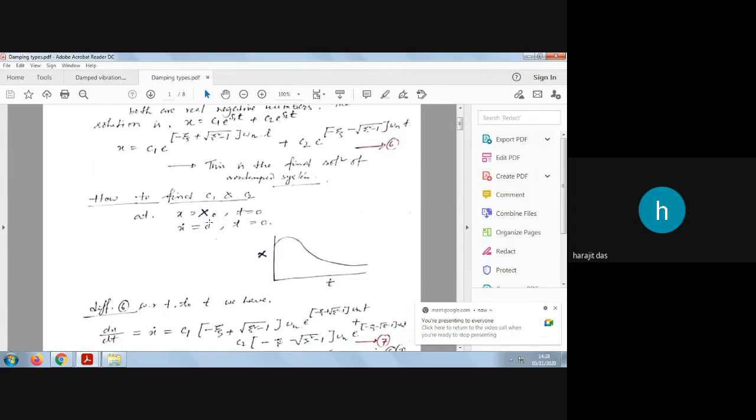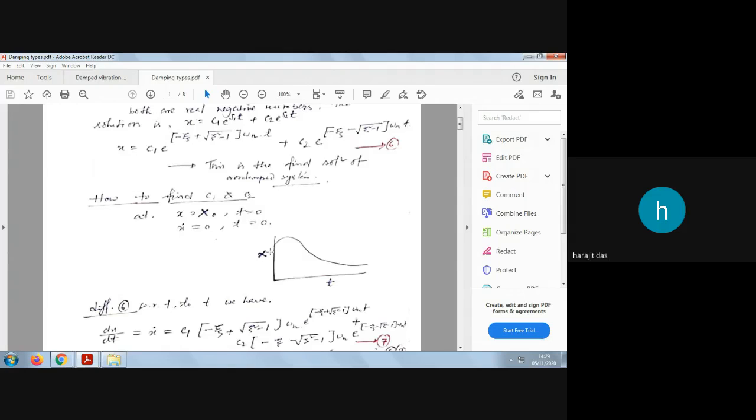At x equals x naught, some initial displacement was there. This x was x naught when t was equal to 0, meaning when you started your clock. So at this position it was x equals x naught.